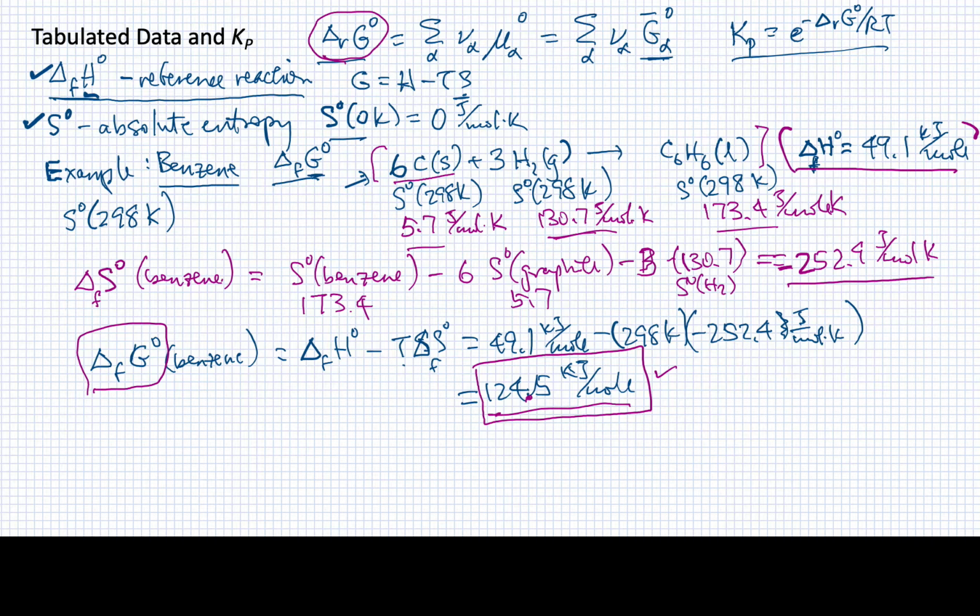Okay, I have done it for the formation of benzene, but now we can imagine if we have some reaction that is simply A plus B going to C plus D, that we would simply calculate the delta G for this reaction in the same way that we calculate the delta H for the reaction using heats of formation.